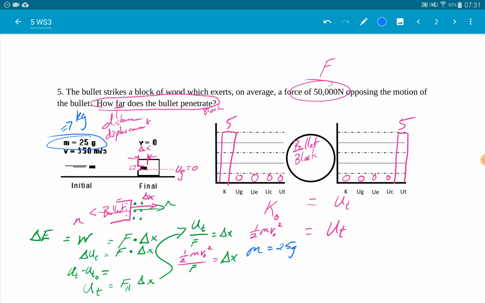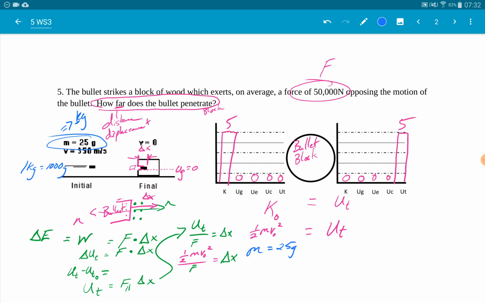All right, so I have to ask myself, how many grams are in a kilogram? Kilo means 1,000, so 1 kilogram is 1,000 grams. So if I have grams and I want to get to kilograms, do I multiply or divide by 1,000? Which one is it?